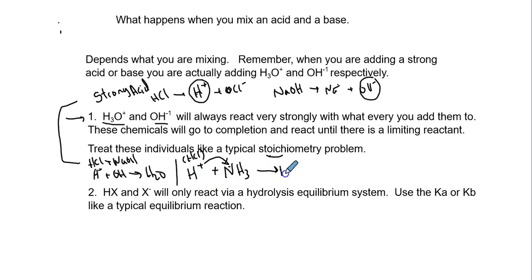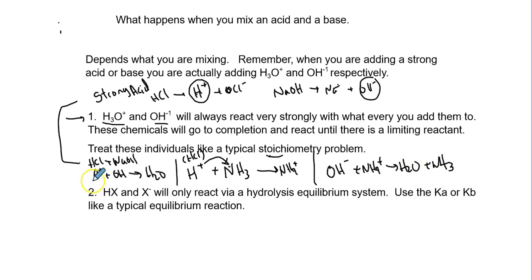And then that would form NH4+. The other version would be the base version of this, where you have a base reacting with NH4+. This would react with one of the hydrogens on there and produce water and NH3.